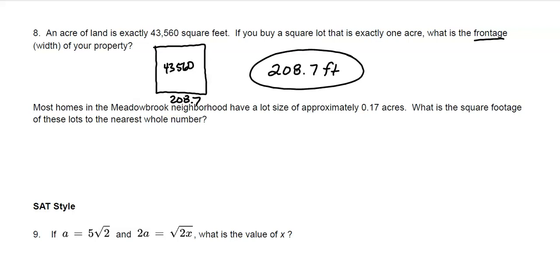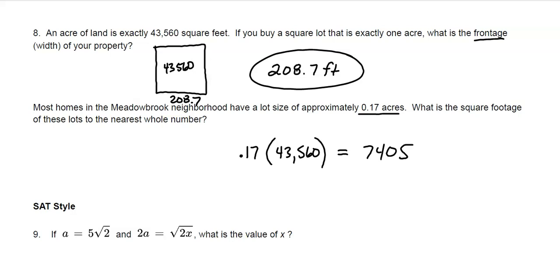Now most homes in the Meadowbrook neighborhood have a lot size of 0.17 acres. So what is the square footage of these lots? If a Meadowbrook lot is 0.17 of an acre, I can just multiply that by a whole acre. 0.17 times 43,560 gives me a grand total of roughly 7405.